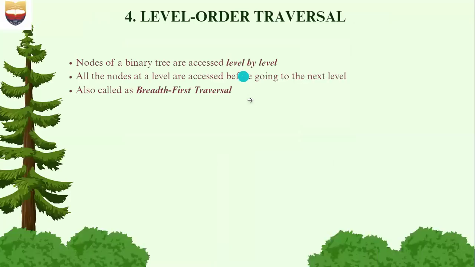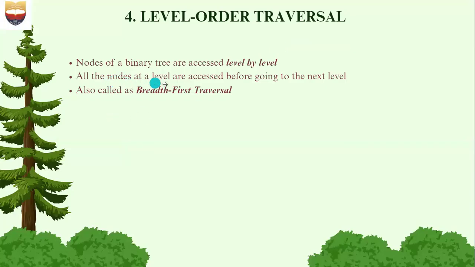The last traversal type is level order traversal. The simplest type of traversal, right? Here, the nodes of a binary tree are traversed or accessed level by level. That is, we have to start our level order traversal only from the 0th level of the tree, that is, from the root node.